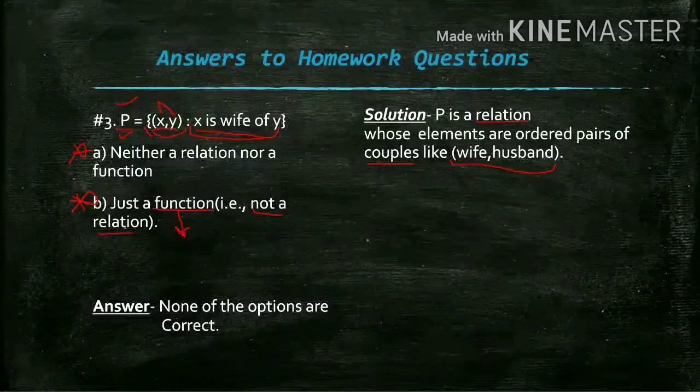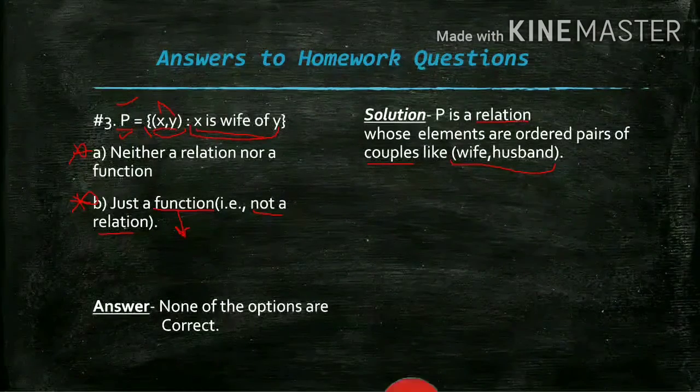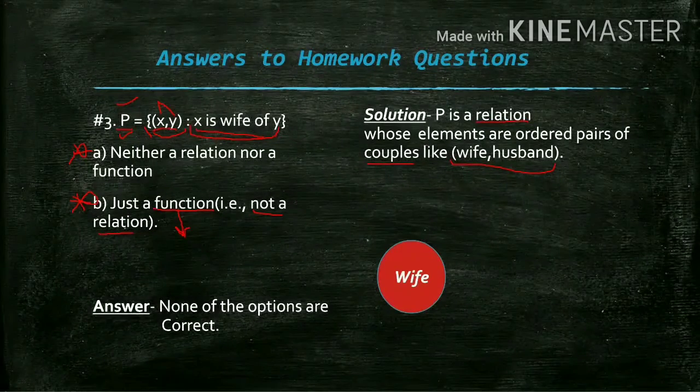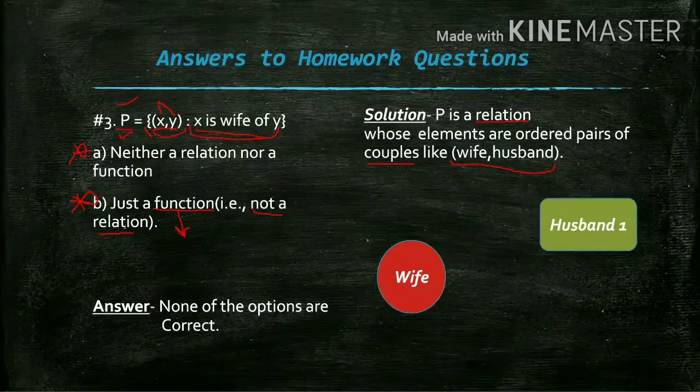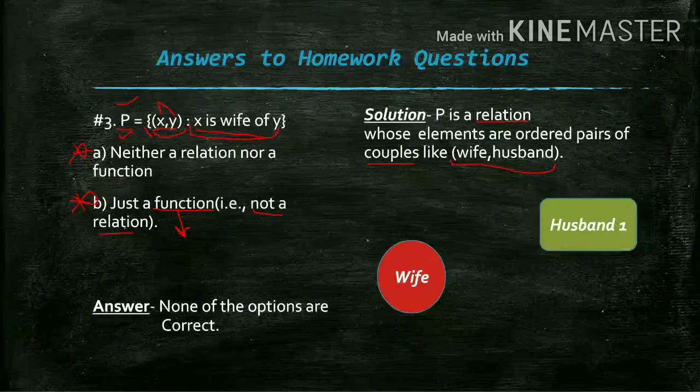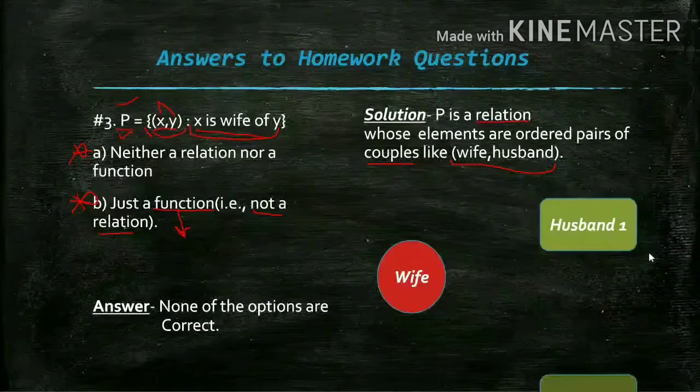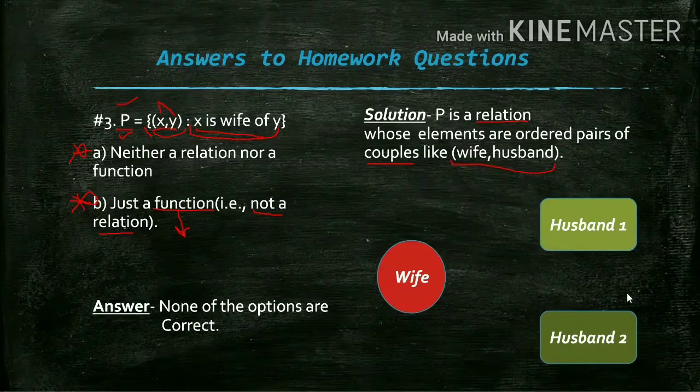Before answering that, let me just state something. Suppose I have a wife, within this red circle, and I have two husbands. Husband number one, which is this, and husband number two. These are two different people; you can also see their colors are different to denote that.